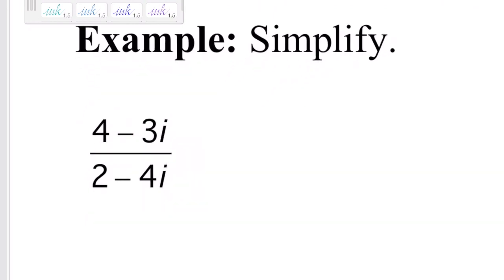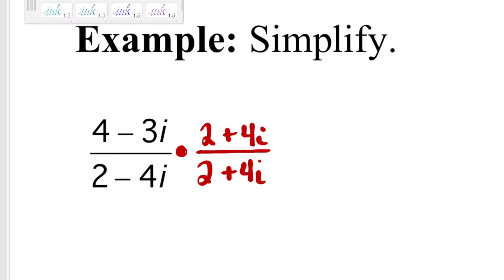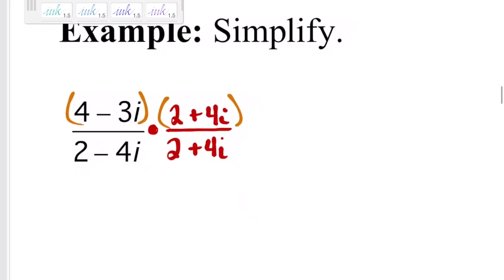So here I have an imaginary in the denominator, which means I technically have a square root. We don't like that, so we're going to rationalize. I'm going to use a conjugate, meaning instead of 2 minus 4i, I'm using 2 plus 4i. What we do in the denominator, we also have to do to the numerator. So first I'm going to distribute in the top stuff, so my numerator.